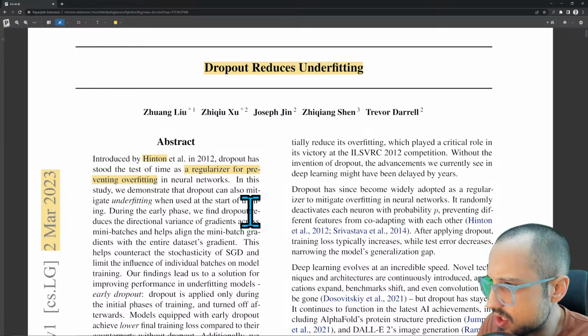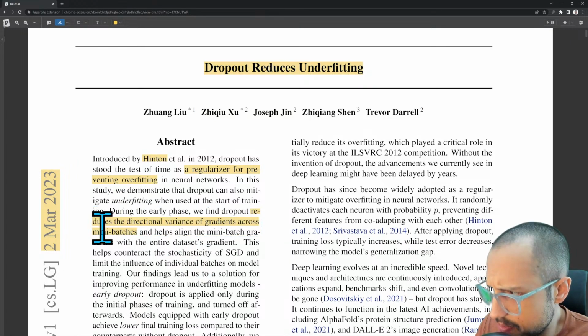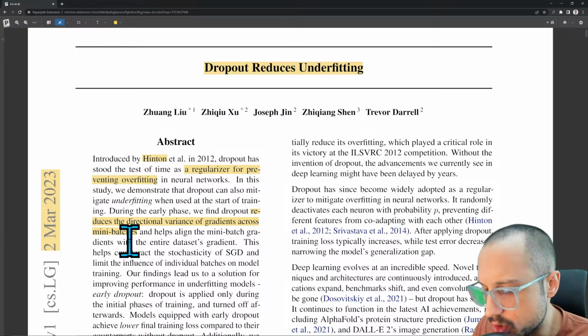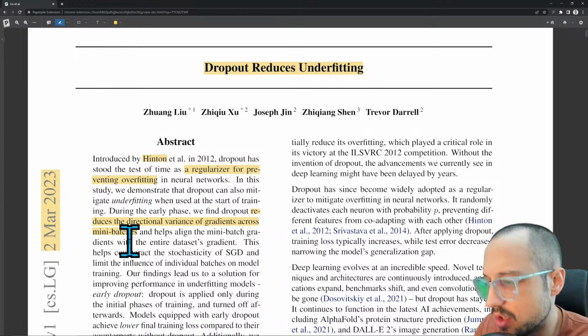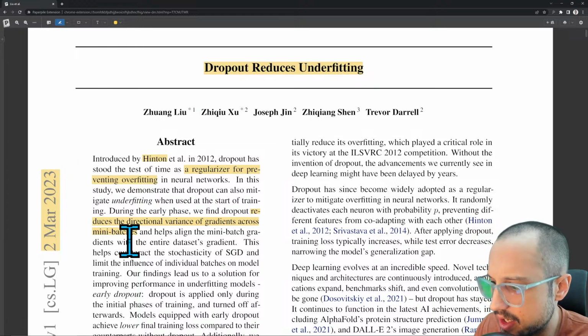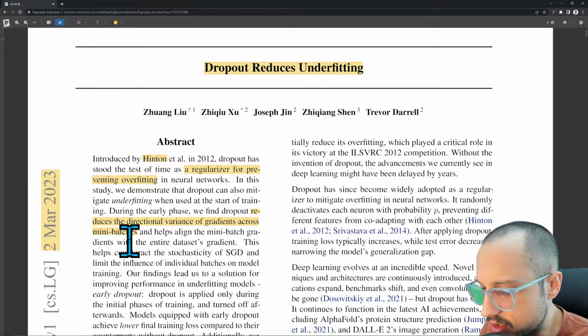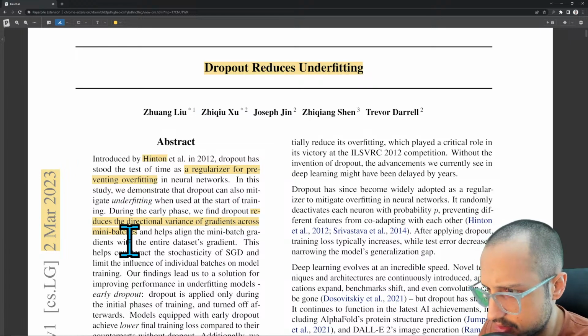Okay, so it reduces the directional variance of the gradients across mini-batches. So mini-batches: batch refers to a batch of data, and when you're training a neural net, you're not feeding the examples one by one. You're feeding them in batches, and the reason you're doing that is because a GPU, which is the hardware that underpins all of modern deep learning, is very good at doing matrix operations, a lot of simple operations at the same time.